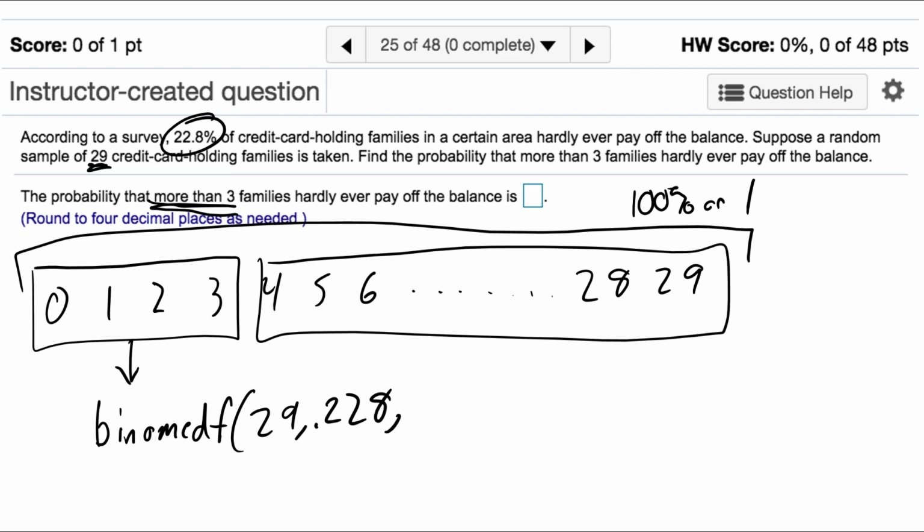And then the number of successes we're looking for is 3 or less, so 3. And this, again, is going to find us the probability that we have between 0 and 3 successes, which is not what we're looking for, but it'll help us find what we're looking for.